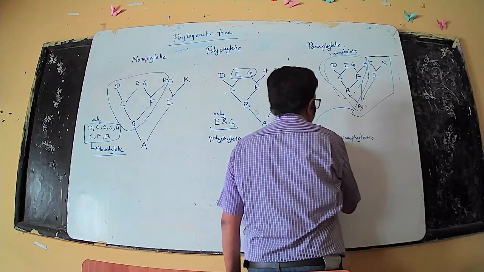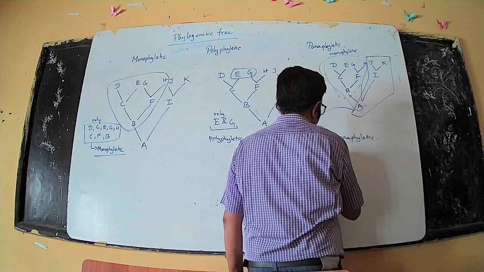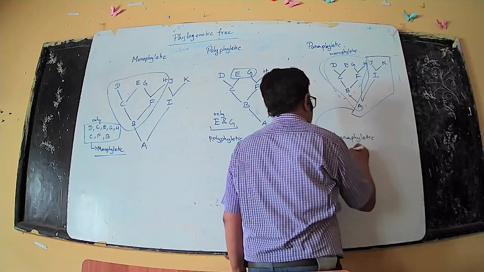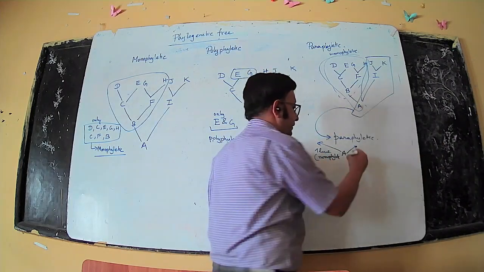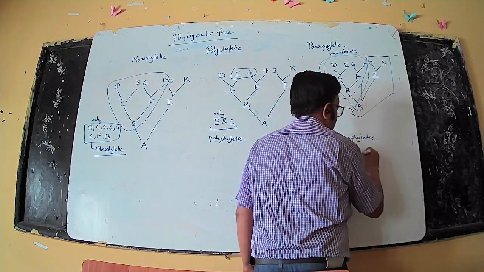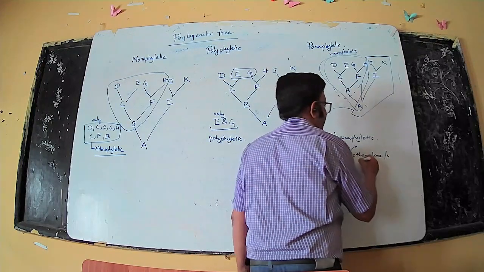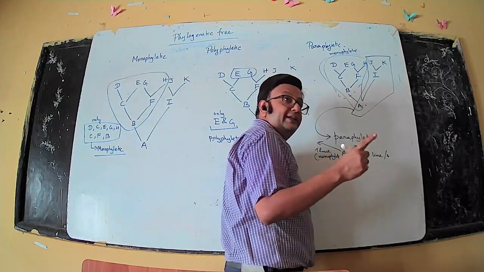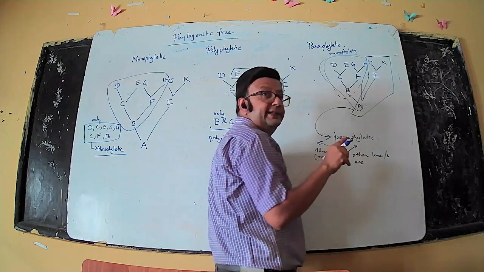A has given one line, this is monophyletic, and the other line or lines are then considered as paraphyletic, depending upon when A is the ancestor.